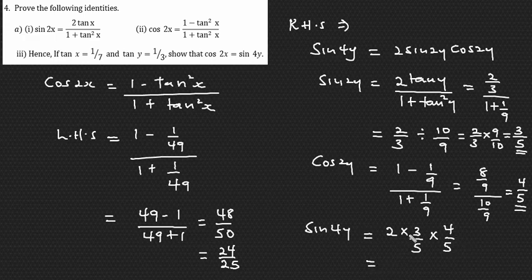And when you look at this, it is 2 times 3, which is 6, times 4, 24, over 5 times 5, which is 25. Hence the left hand side, cos 2x, is equal to sine 4y.